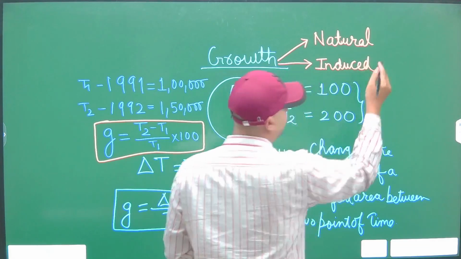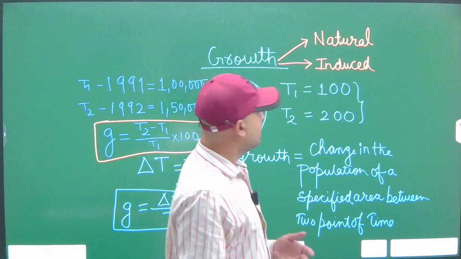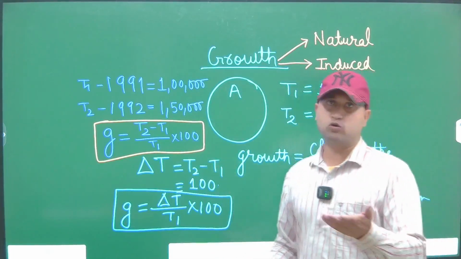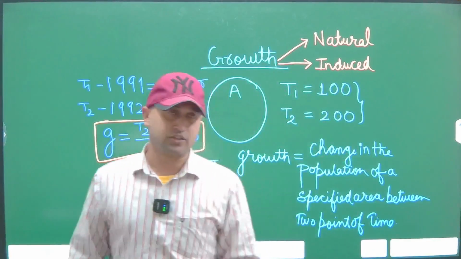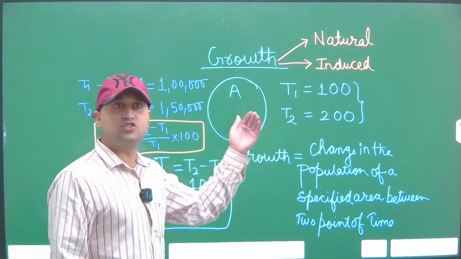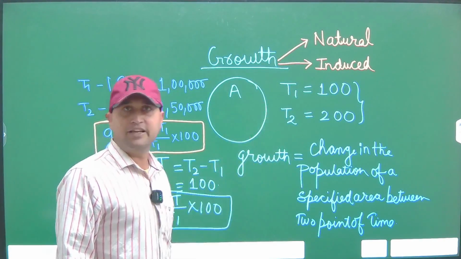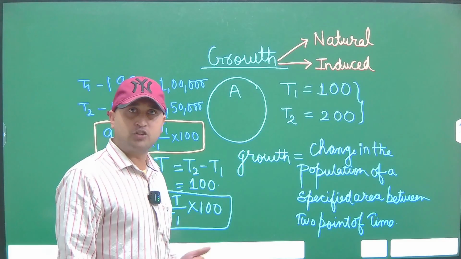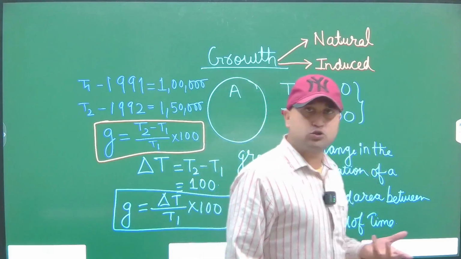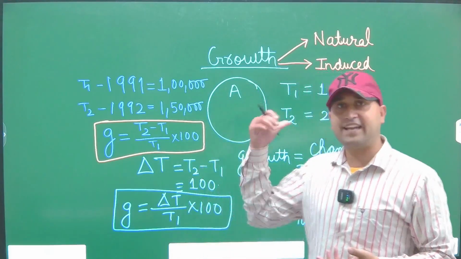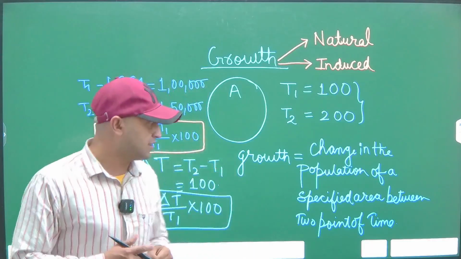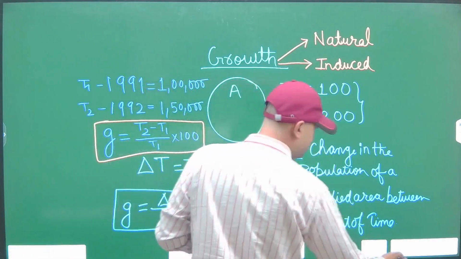Natural factors are like birth rate and death rate, and induced factors are like the volume of people moving inward and outward, for example migration. So we have understood the growth of the population and the aspects by which the change in the number of people living in a specified area between 2 points of time is affected. They could be affected by natural forces and by induced factors. Come to the third point.